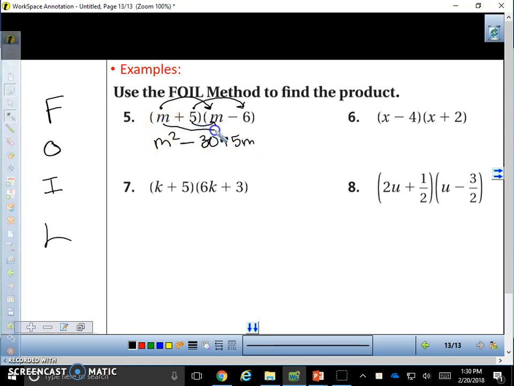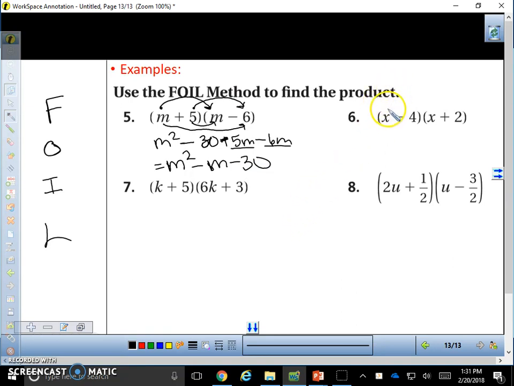Last, m times -6, -6m. Combine your like terms, put into standard form: m squared, minus m, minus 30. There's FOIL's method.